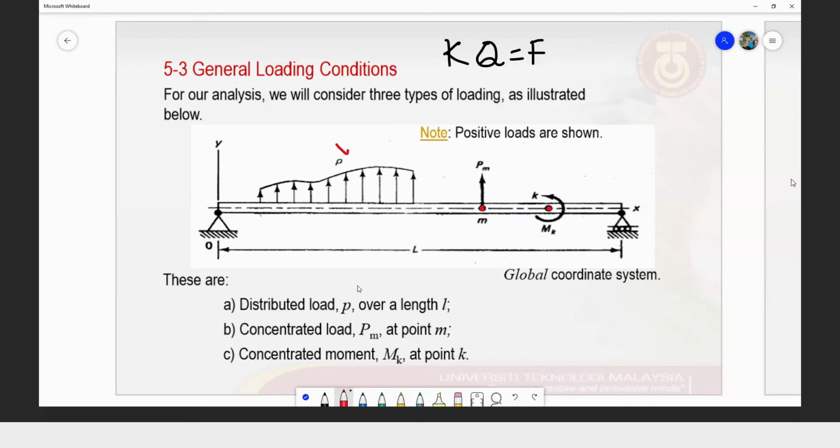So we have distributed load, concentrated load in vertical direction, and also concentrated moments. So untuk beam, dia punya concentrated load dia adalah in vertical direction.